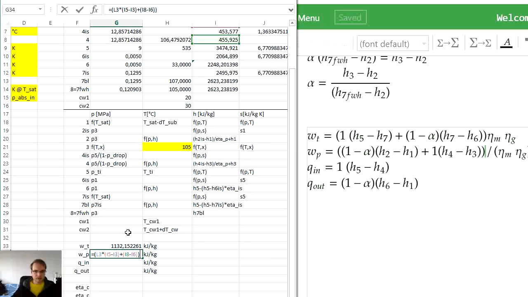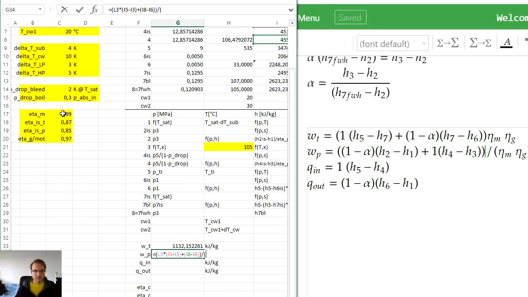And this all needs to be divided by efficiency corresponding to mechanical losses and efficiency of motor, which is same as efficiency of the generator. So we have 16 kilojoules per kilogram work of the pumps.